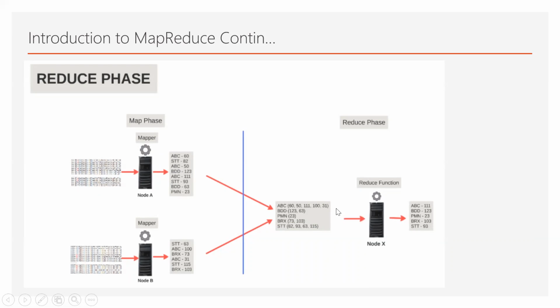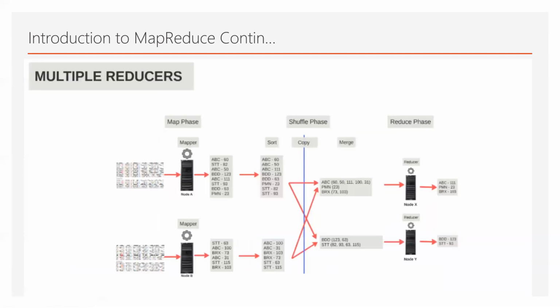You can do some simple math calculation, there are math functions available, to find the maximum stock price. The result will be written to HDFS. We'll go and run the program just to have a better understanding.